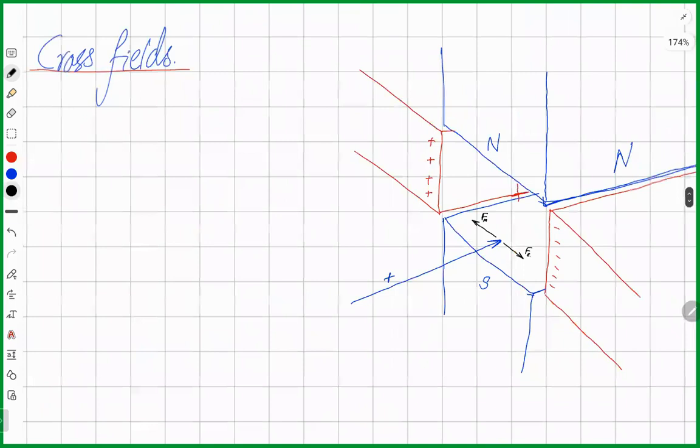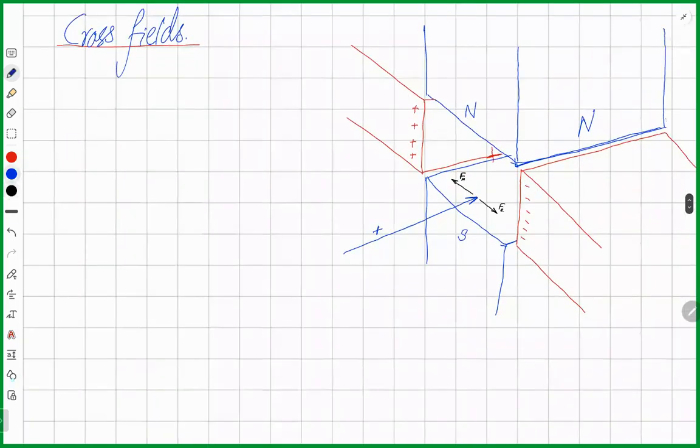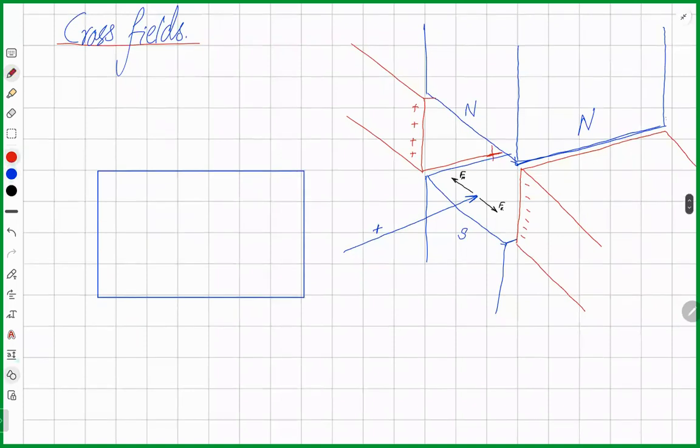Now, let me make another two-dimensional diagram because they are easier to understand once you see the 3D structure of things. So the blue region is showing a uniform magnetic field.